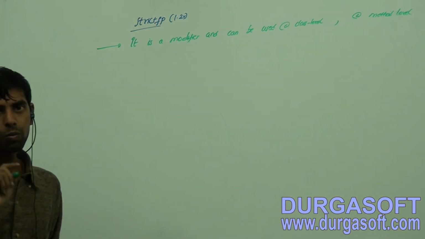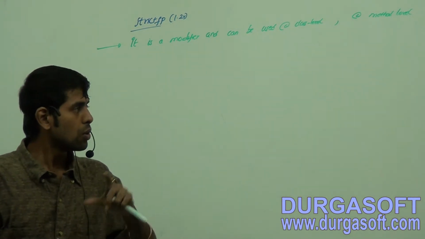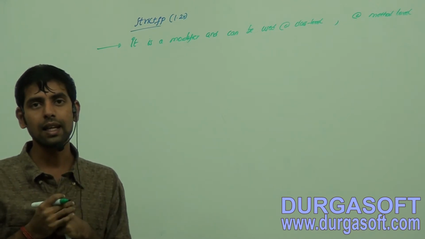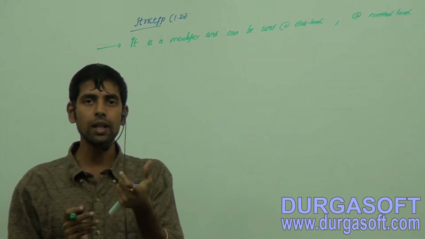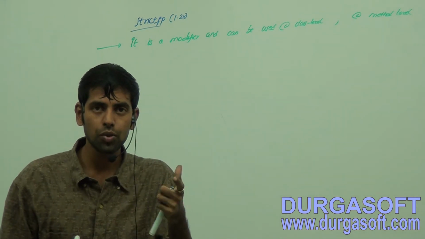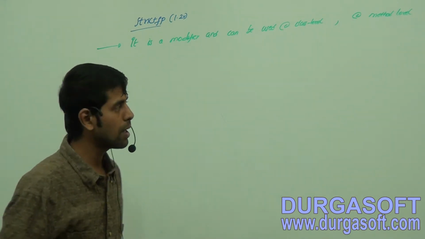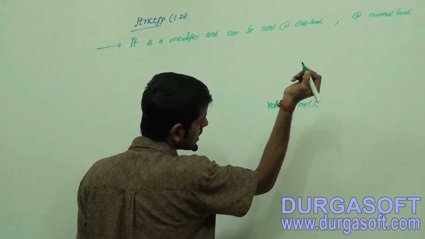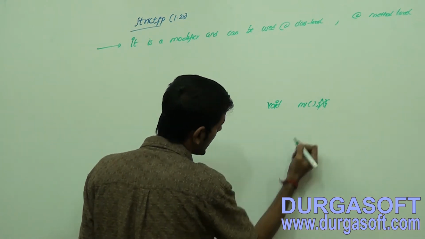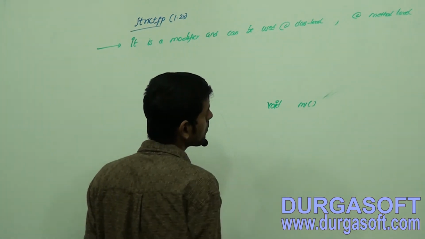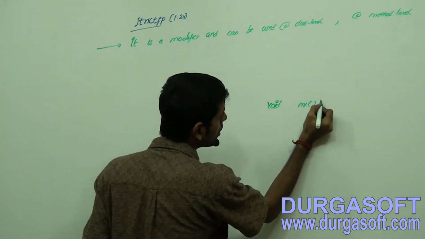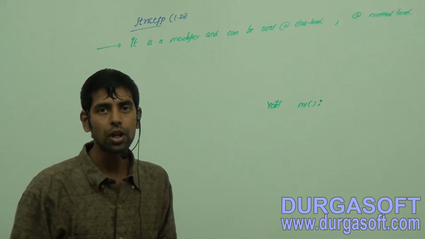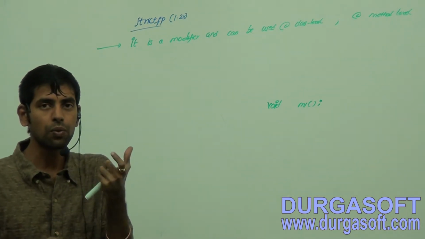One more very important thing you are aware of. If you want to give just the method declaration but not the implementation, how do we inform the compiler and JVM? By using which modifier?